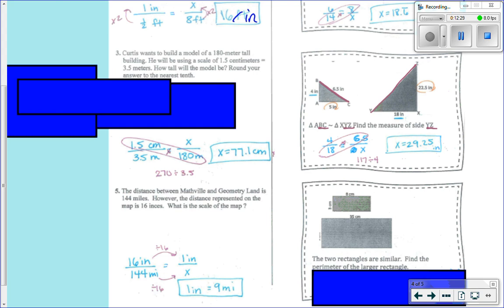And then we can use any side line they chose. It doesn't matter which one you chose. Okay. But if we're going to use XY. Okay, so XY corresponds to AB right here.